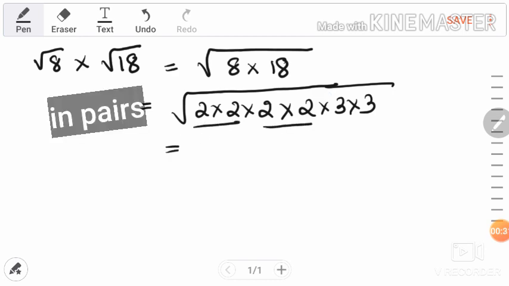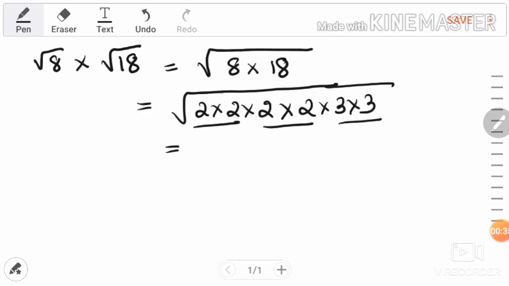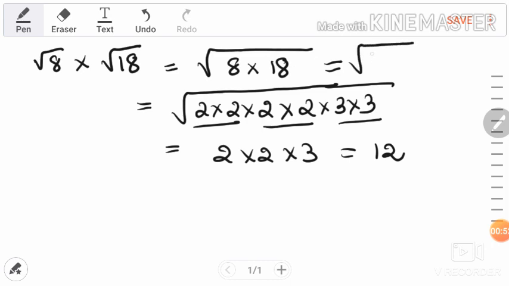So grouping identical terms together, 2 into 2 into 3, and that is 12. You could have found the product. 8 into 18 is 144, and we know that square root of 144 is 12.